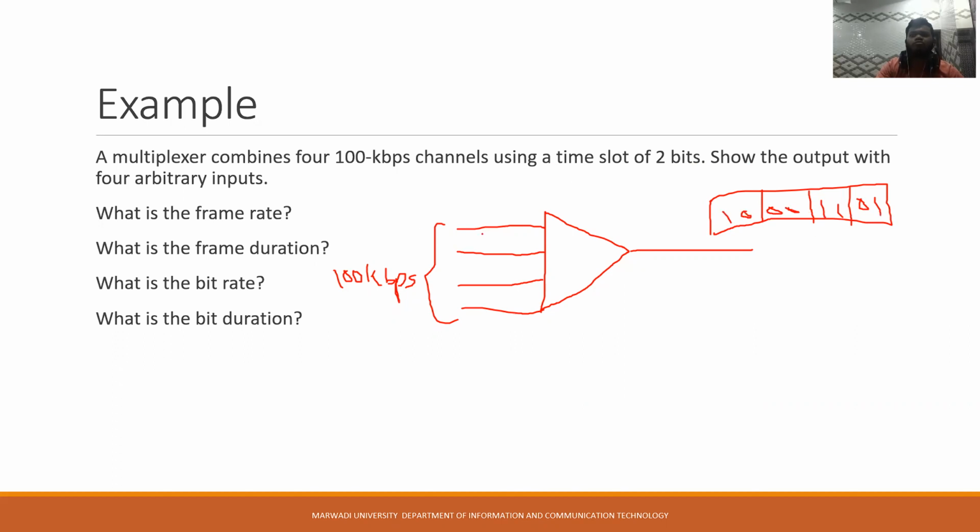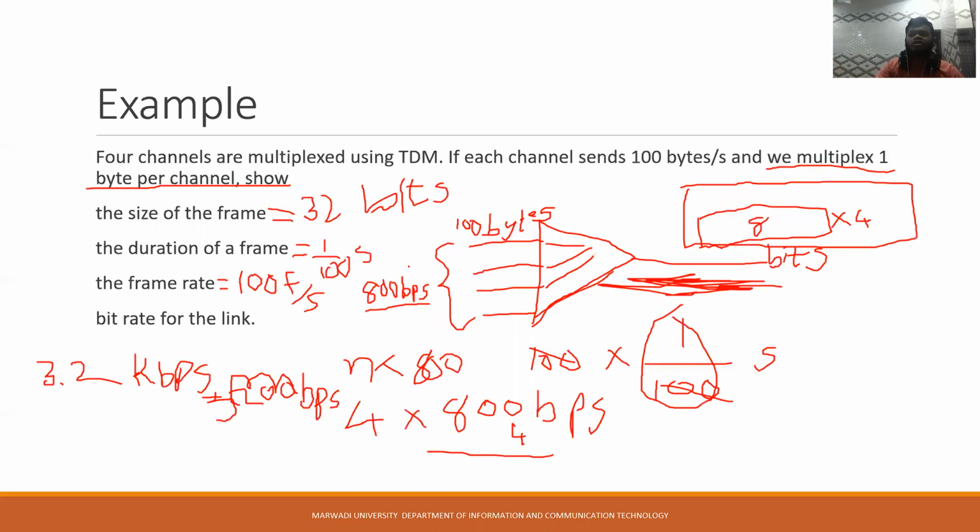Previously we saw that if you multiplex 1 byte, it would be 8 bits, or 32 bits in the frame, but here one slot is having 2 bits. So 2 into 4, that would be 8 bits, right? So the frame would look like this.